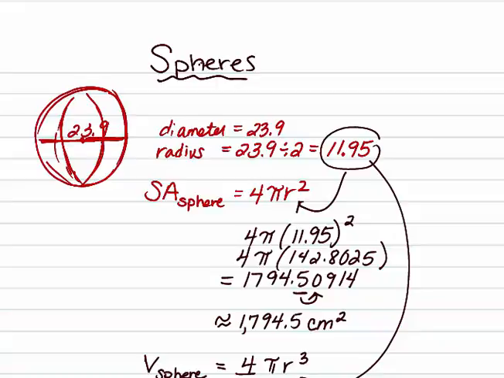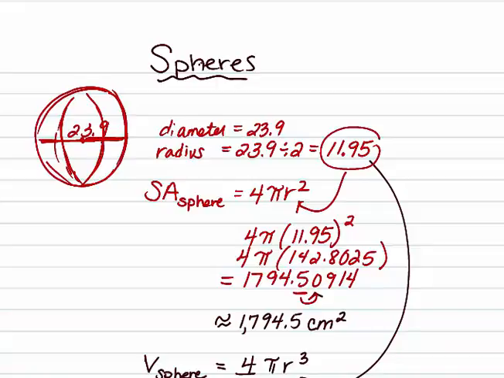So we're going to substitute in our radius, and that's really the only thing that we have to do to find surface area. 11.95 squared, times it by 4, times it by pi, and it's supposed to be to the nearest tenth.